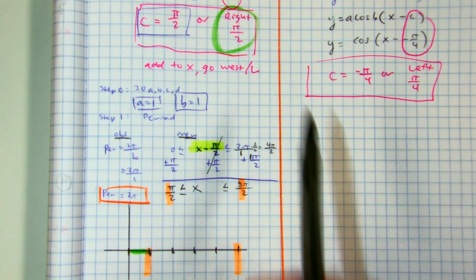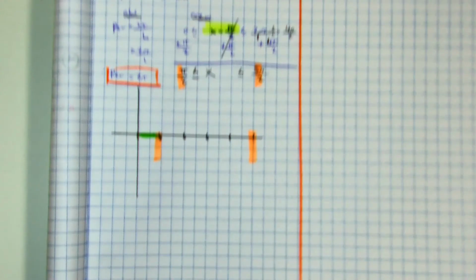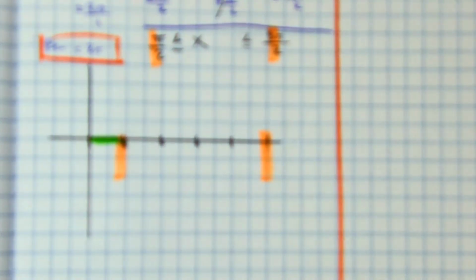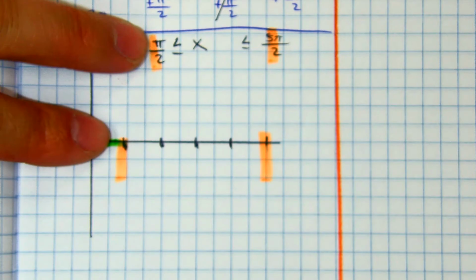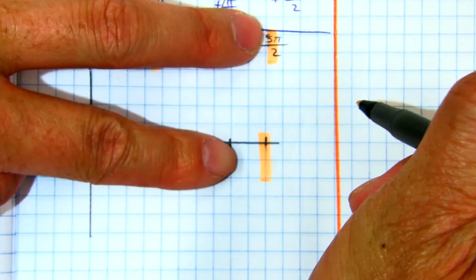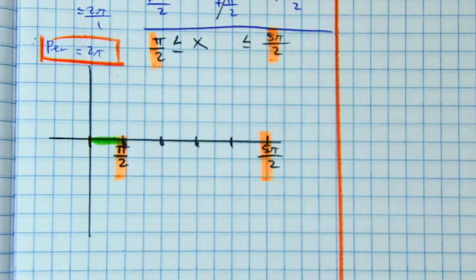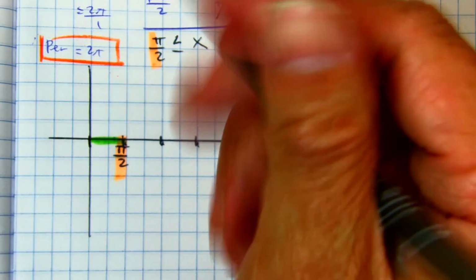So the reason why we're no longer starting on the origin is we're going to the right, pi over 2. So now I'm going to write pi over 2 and 5 pi over 2. I have a leading coefficient of 1.